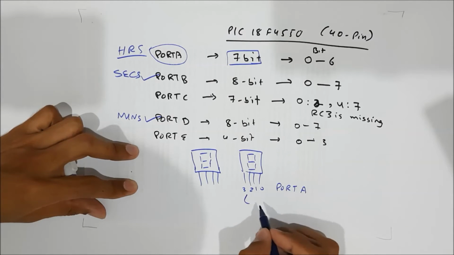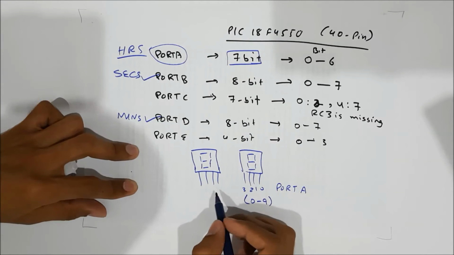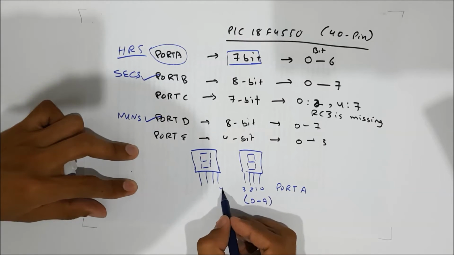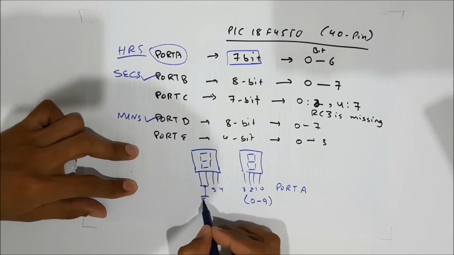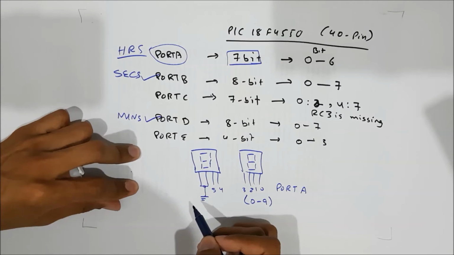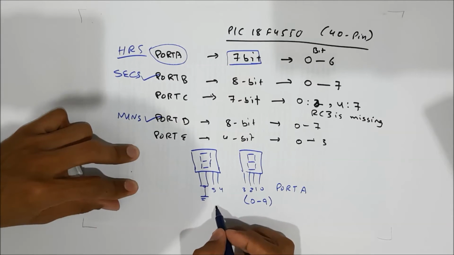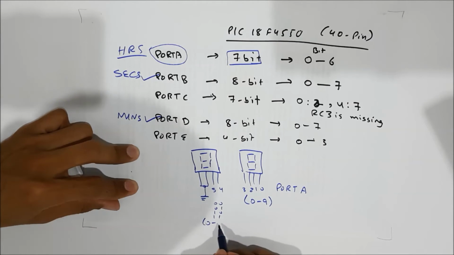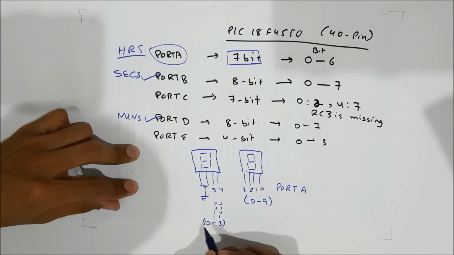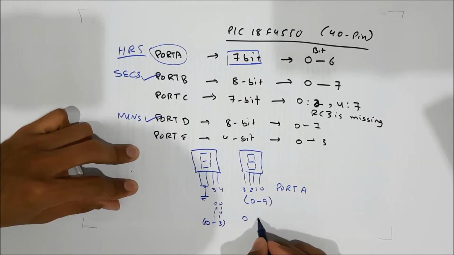So this can count from 0 to 9. Then if we connect this one to port pins 4 and 5, and we connect the uppermost significant bits to ground, it can count from 0000 to 0011, from 0 to 3. So in total these two displays can count from 00 to 39.